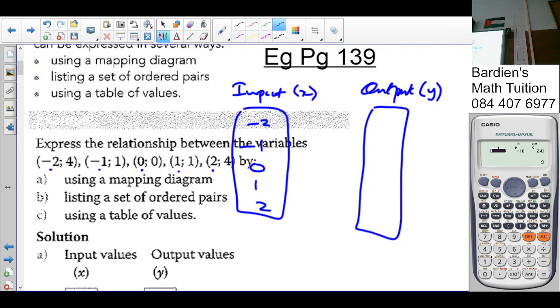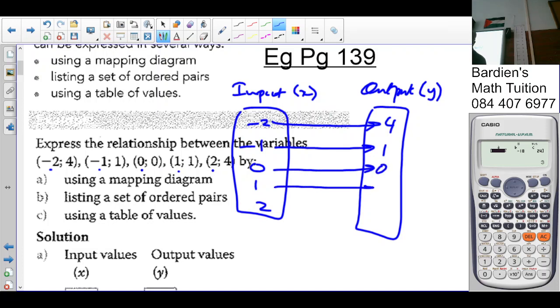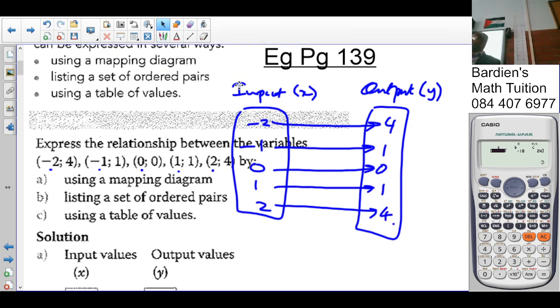Can you see that? Now that's mapped onto, or corresponds with, 4; -1 corresponds with 1, 0 corresponds with 0, 1 corresponds with 1, 2 corresponds with. You guys understand? This is just another way of representing the relationship between two values. Okay.